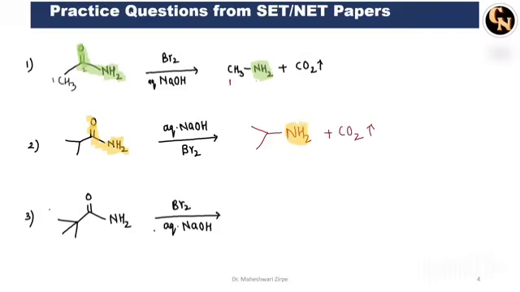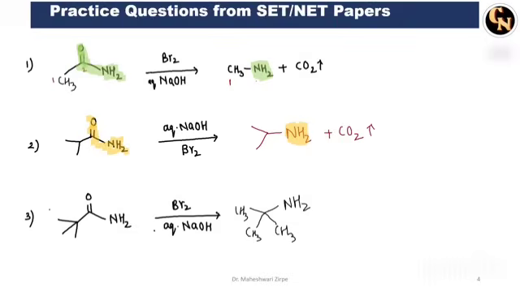Now the next one is very simple. Even without seeing, if you only go through the reagents you can understand that there is formation of a tertiary product. This carbon carries 3 CH3 groups and an NH2 group. If we write it this way, this is the product you are going to get.